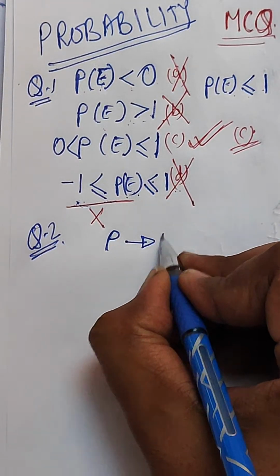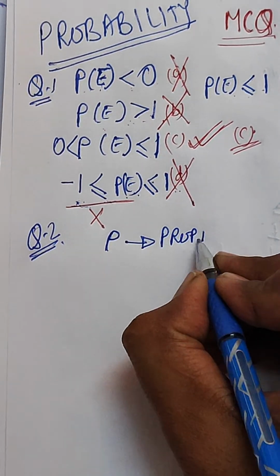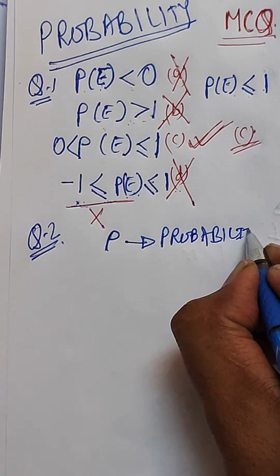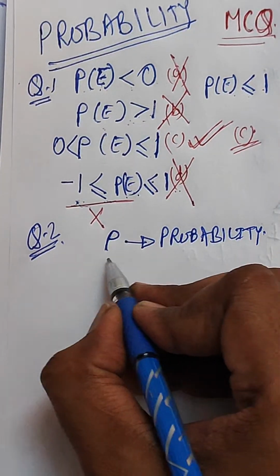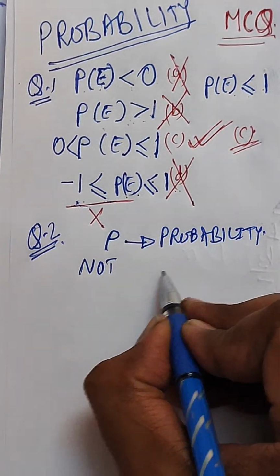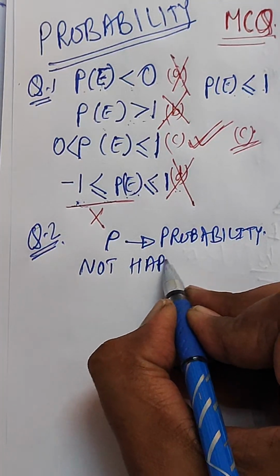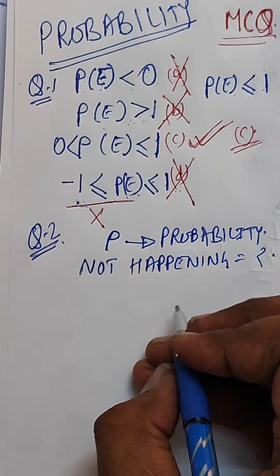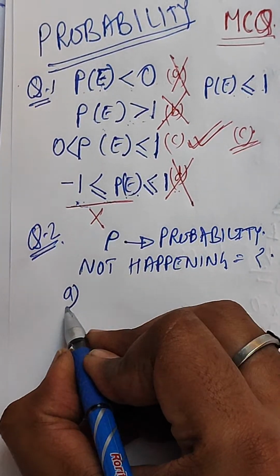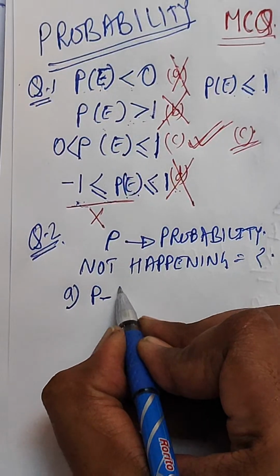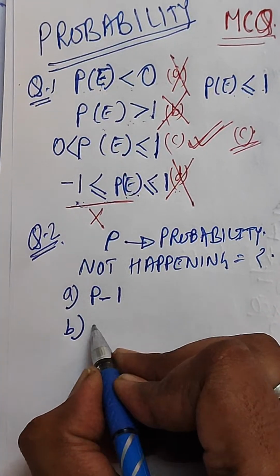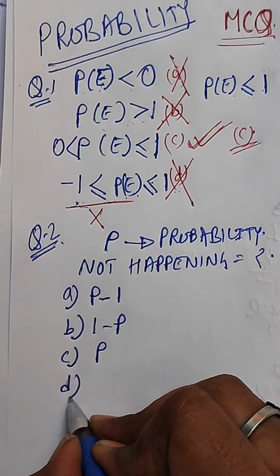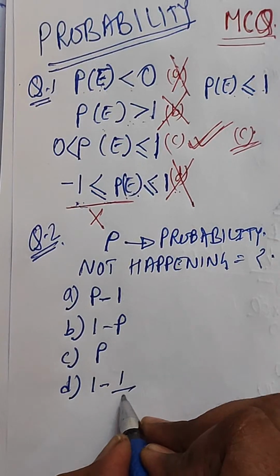If P is the probability of happening, then what is the probability of not happening? We have options. In A, it's P minus 1. In B, it's 1 minus P. In C, it's P. In option D, we have 1 minus 1 by P.